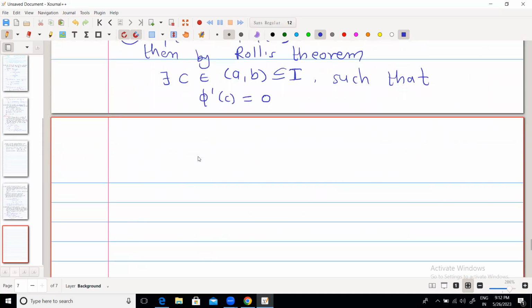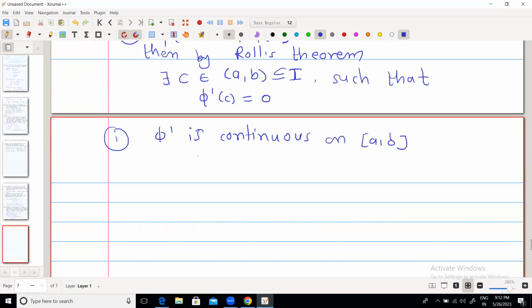Similarly, we can write phi dash is continuous on closed interval AB. Second, phi dash is differentiable on open interval AB.